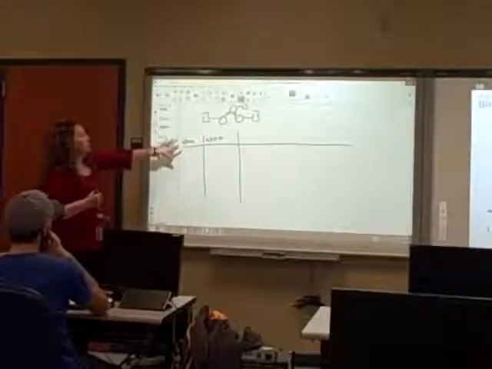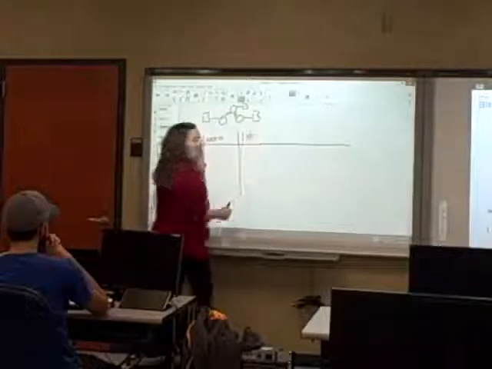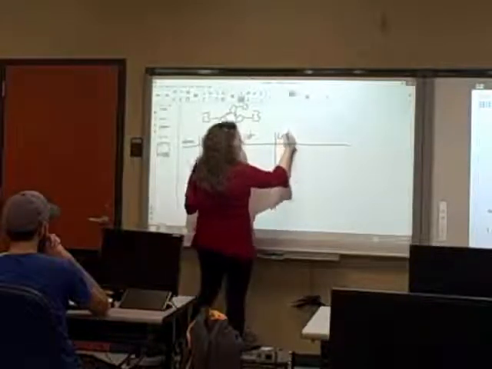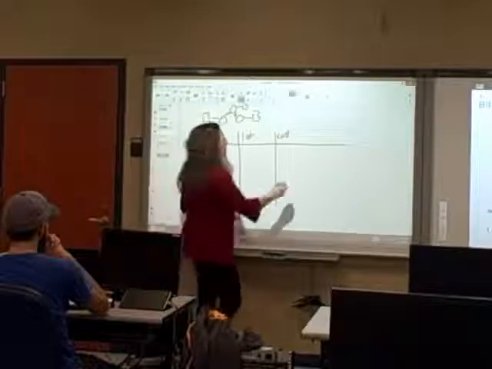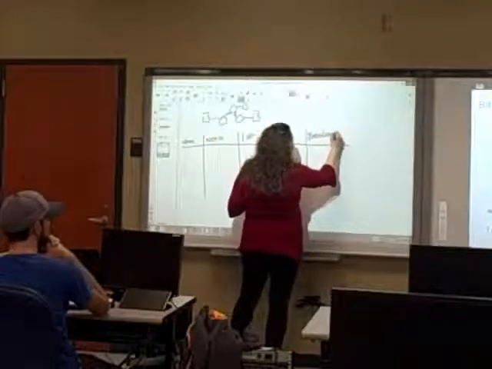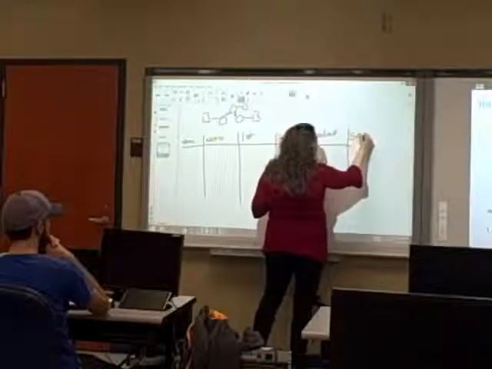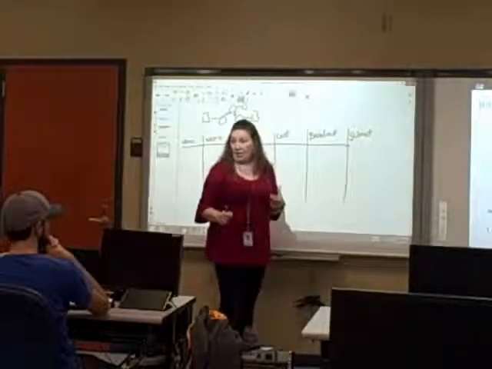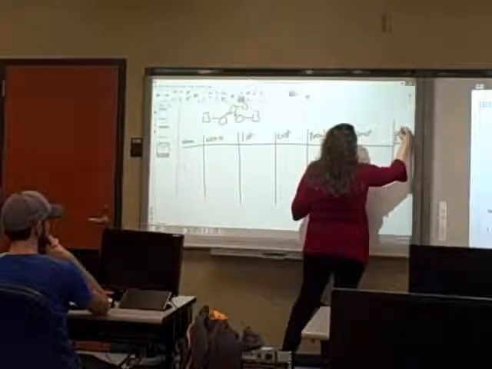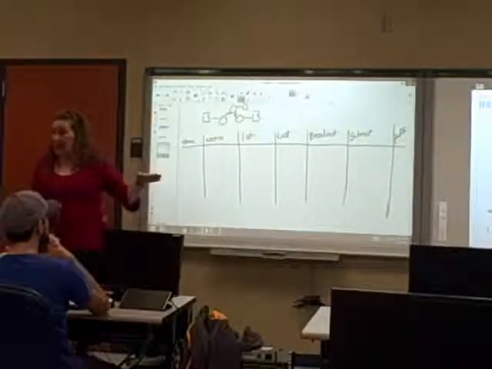So you've got the name of your network, you've got your net ID, you're going to have your first host, you're going to have your last host, and the prefix, the slash. That's the 24, slash whatever that number is.